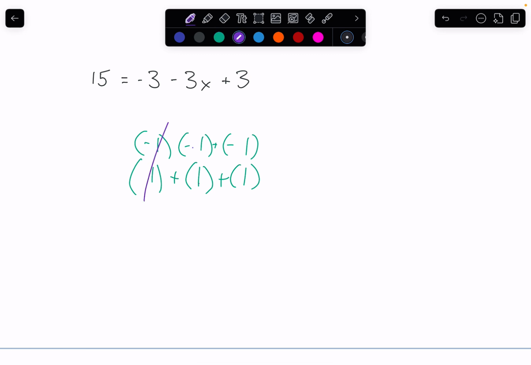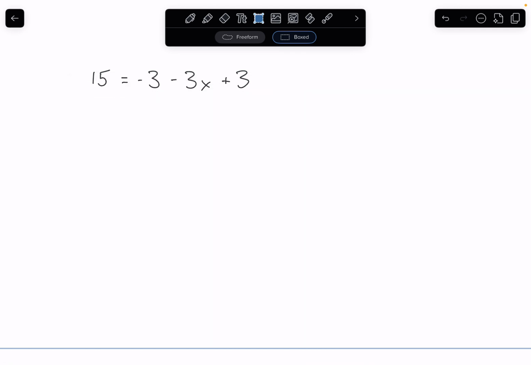That's also just 0, and that's also just 0. Because they're like terms, just a pile of negative ones and a pile of normal ones, there's no x's, a negative 3 and a positive 3 just goes away. That just equals 0. So we can cross those two out and rewrite our equation.